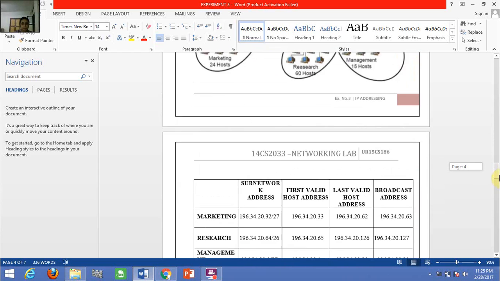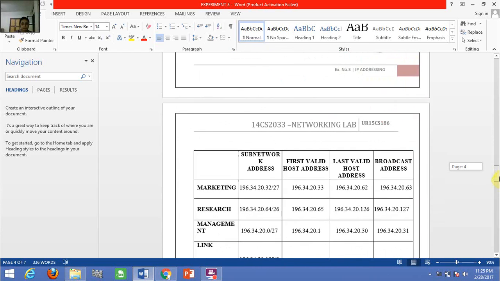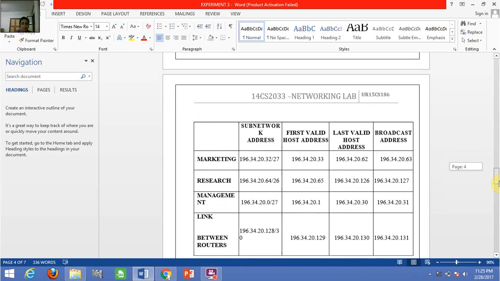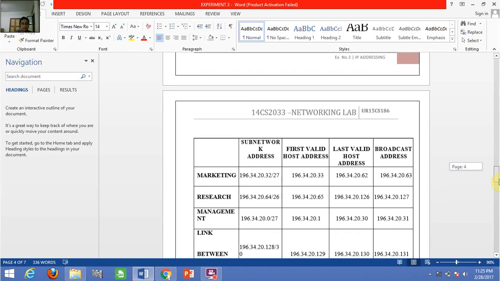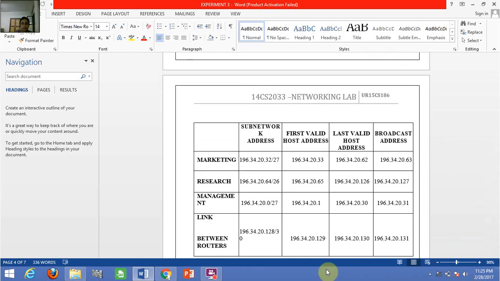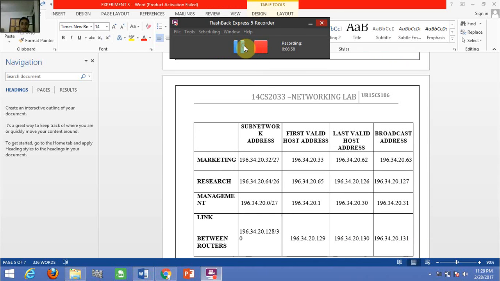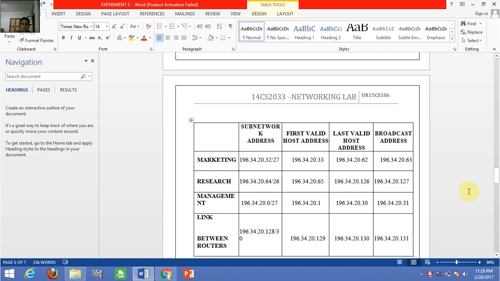So we have to see how many bits we are supposed to borrow. The research department requires 60 hosts, so we have to borrow 2 bits from the host portion. So after we borrow 2 bits from the host portion, the remaining bits will be 6.